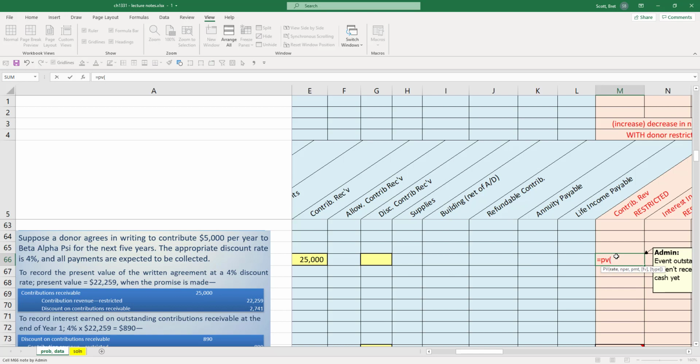What's the rate? In this case, they tell us it's 4%. Assume it's a compounded annual or 1 time per year sort of present value calculation. What is the number of years or the NPER, number of periods? 5 years. What is the overall amount we expect to collect at the end of every year? $5,000. So the present value in this case is $22,259.